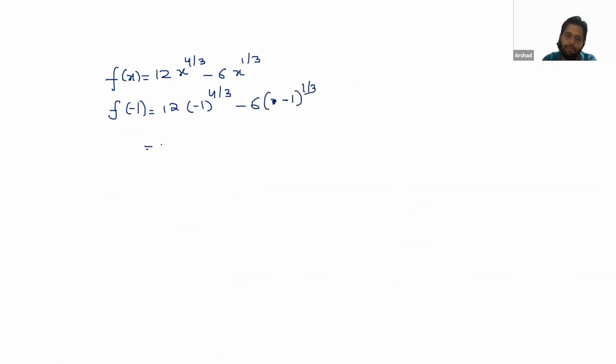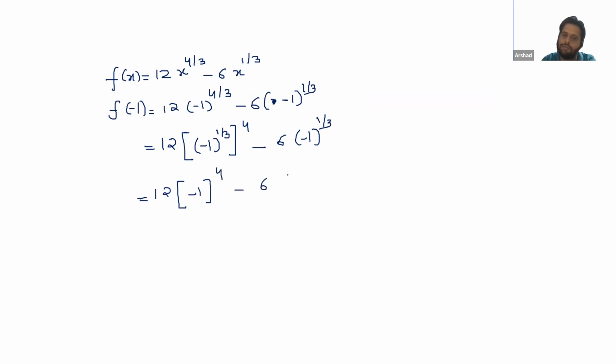This can be written as 12 into ((-1) to the power 1 by 3) to the power 4, minus 6 into (-1) to the power 1 by 3. If you find the cube root of -1, you will again get -1. Here you have power 4, and here you will get -1. So you get 12 plus 6, which is equal to 18.